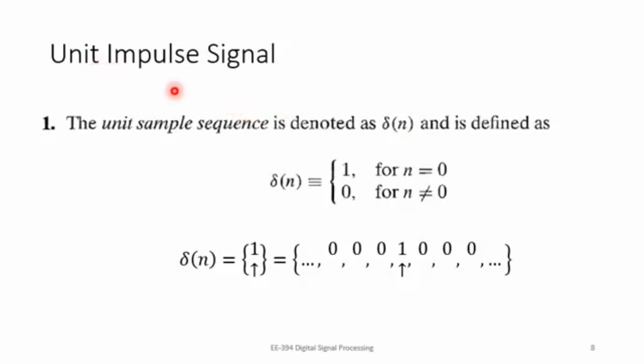So a unit impulse signal: the unit means the amplitude is 1, and the impulse, as we are aware from continuous time signals, is a signal with an amplitude occurring only at the origin, and elsewhere it is not existent.